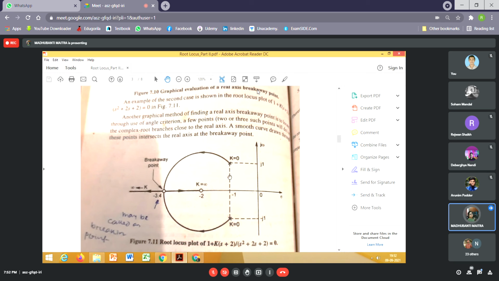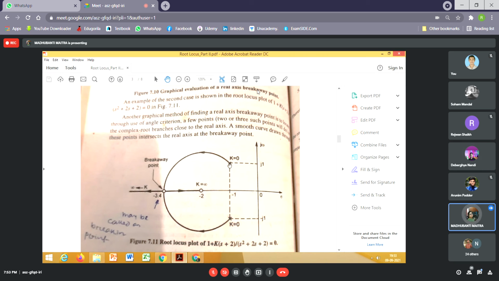So these are the two complex conjugate open loop poles, and at s equal to minus 2, the system has got one open loop zero at this point, right?